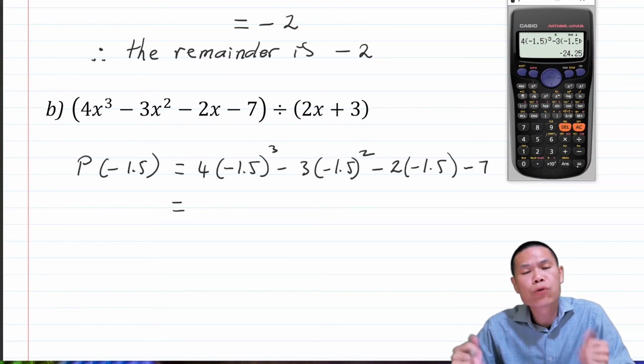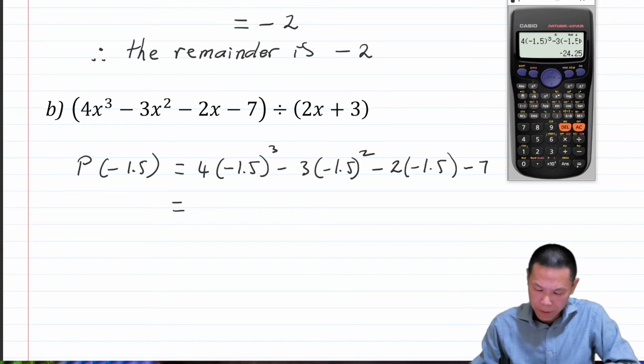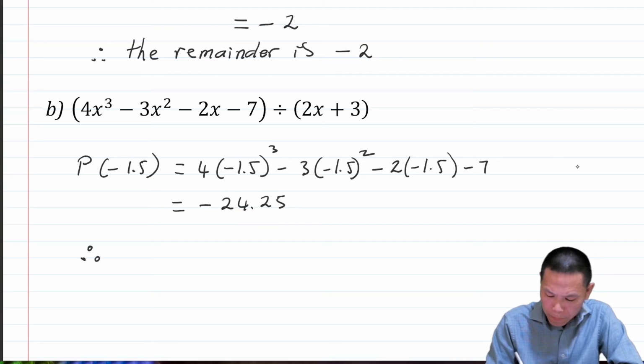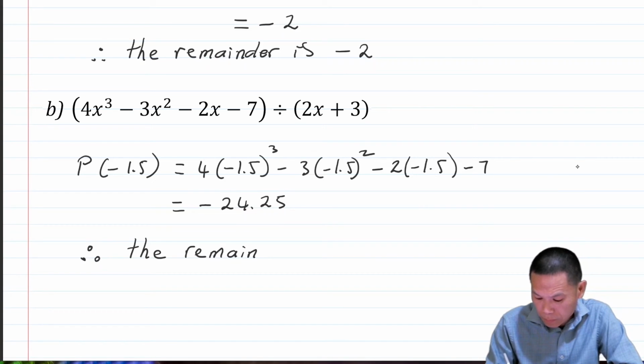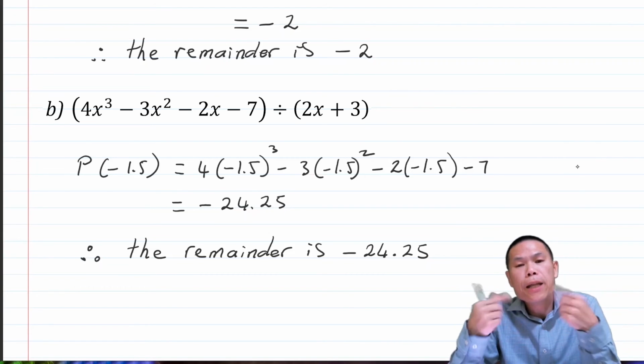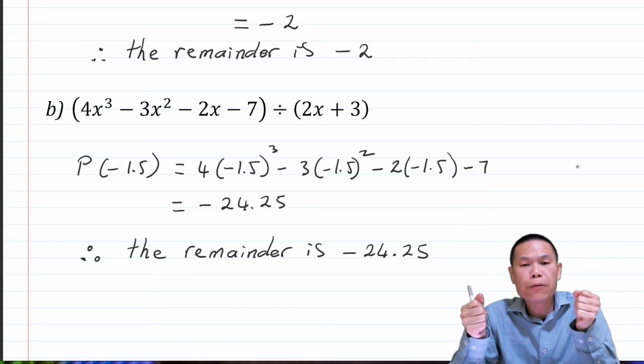There you go, negative 24.25. So therefore, the remainder is negative 24.25.